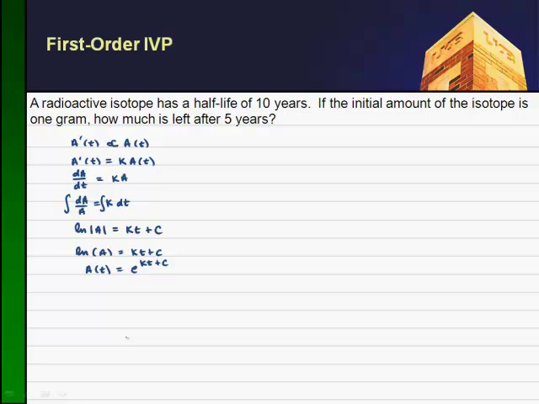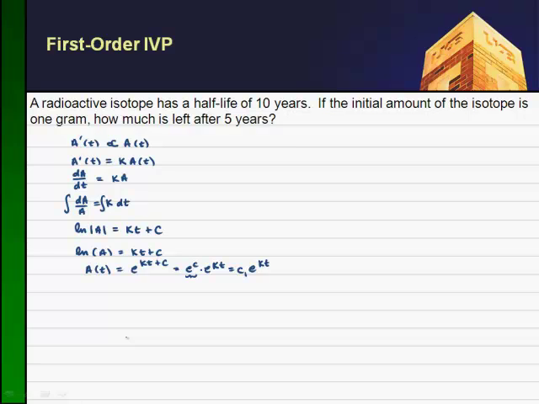Using some basic algebra, I could write this as e to the c times e to the kt, which I'll just declare as c1 e to the kt, since e to the c is just an arbitrary constant anyway.